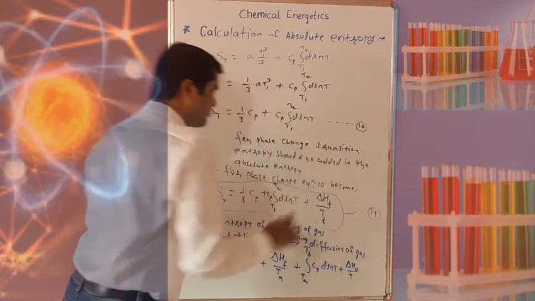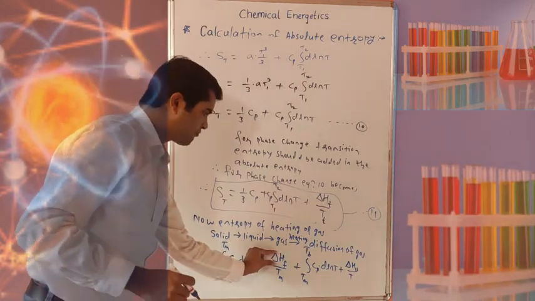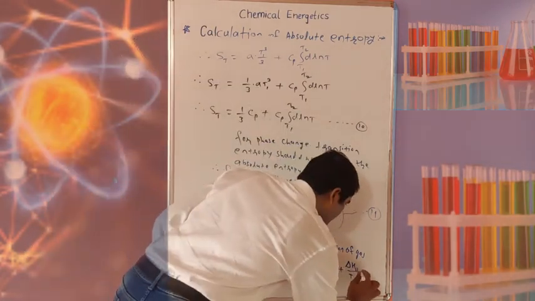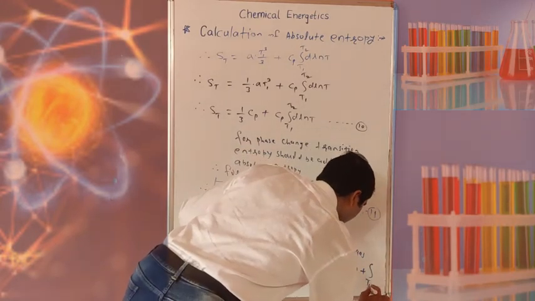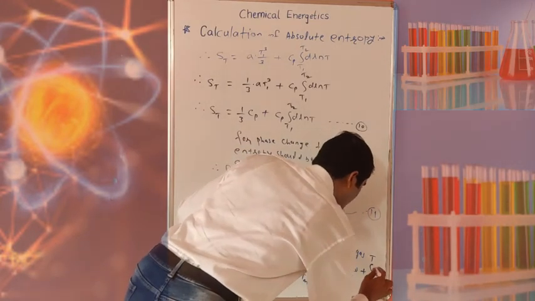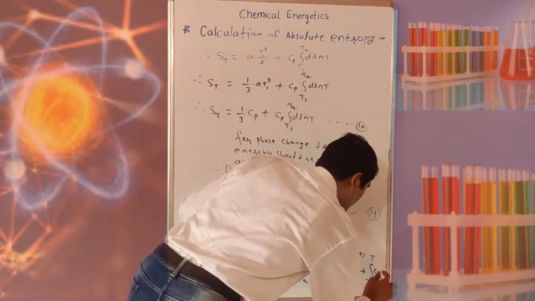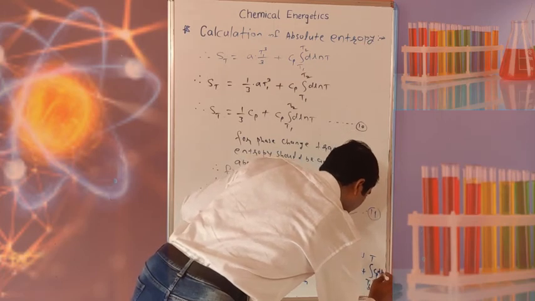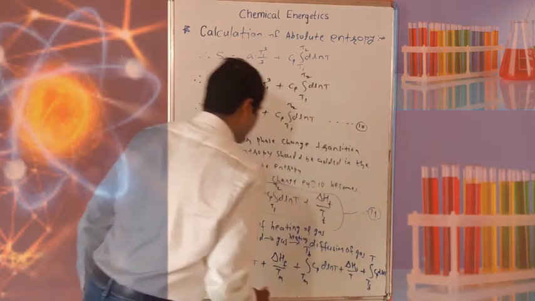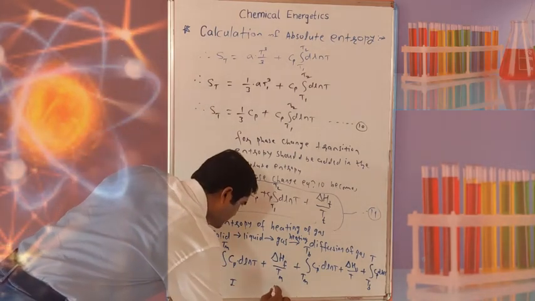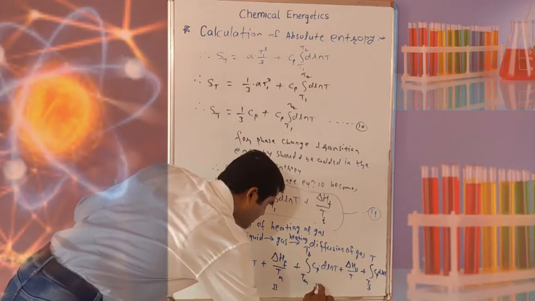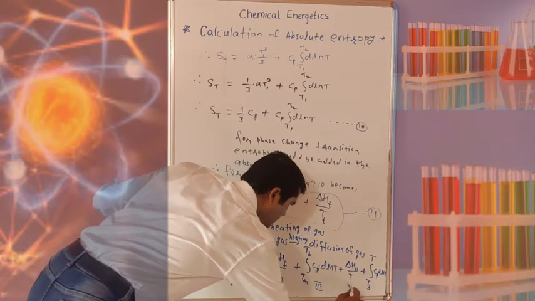So that is entropy of vaporization we have to add here, entropy of fusion we have added, plus T boiling point again we are heating, so Cp d ln T. So these 5 terms we have to add: first, second, third, fourth and fifth.